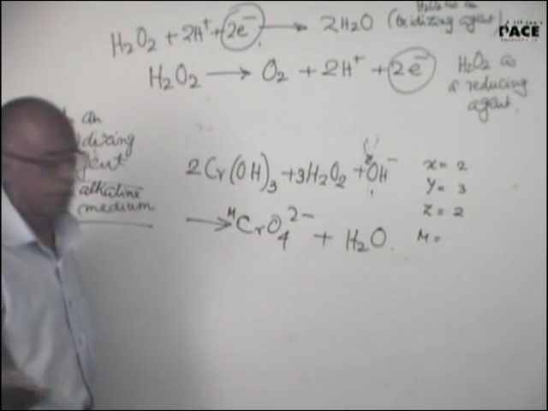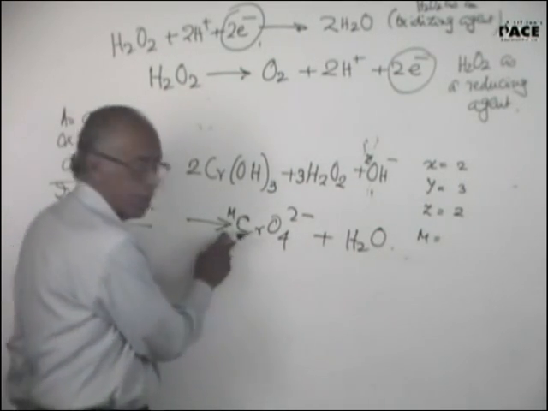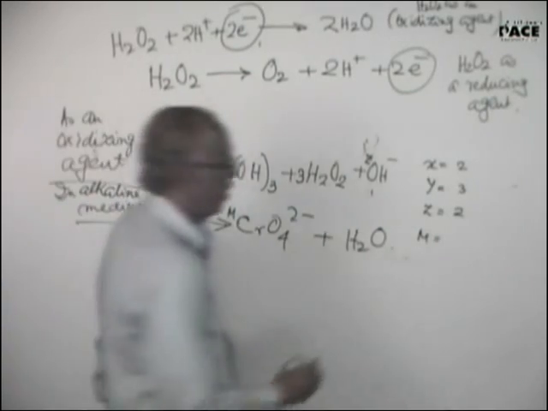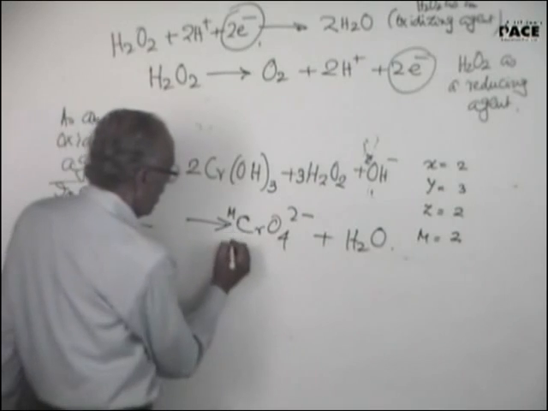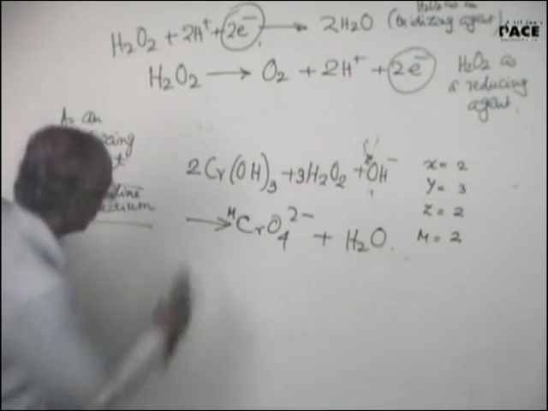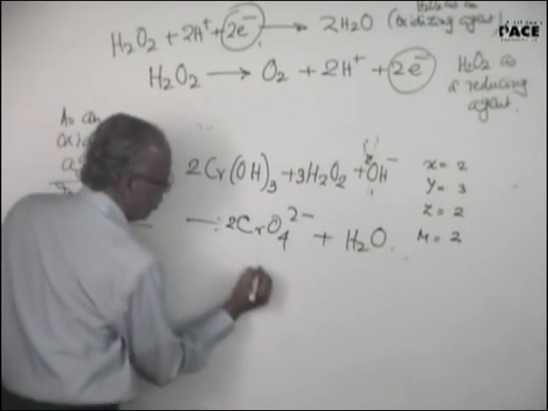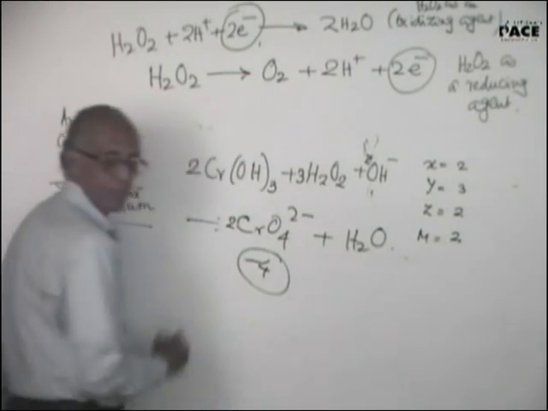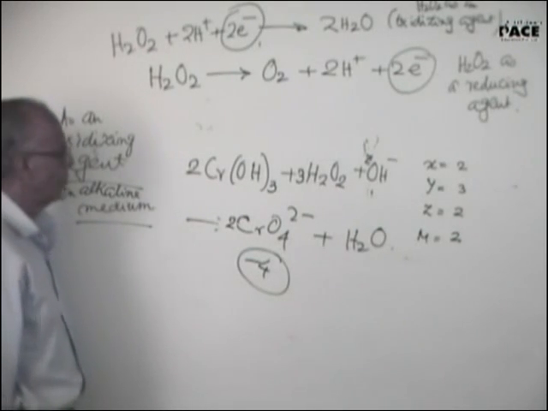You have found out this M value. M is 2, isn't it? Yes. So what is the charge on the product side? Minus 4. Make the left hand side minus 4.